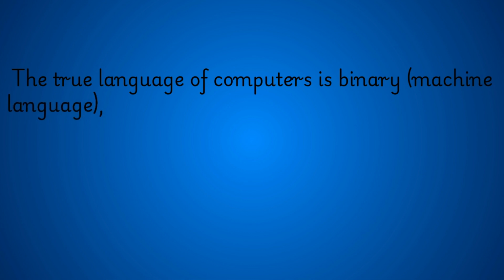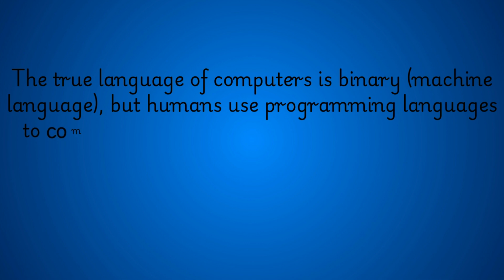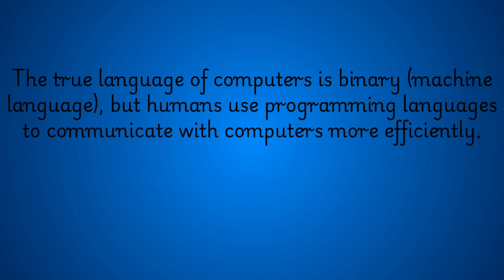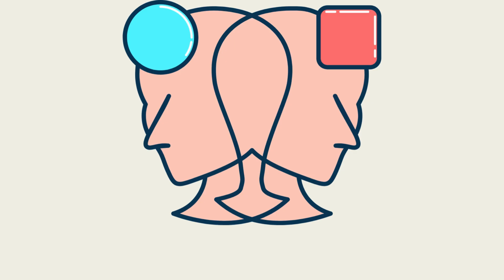As a result, the computer receives these instructions and works with them. The true language of computers is binary or machine language, but humans use programming languages to communicate with computers more efficiently. So the language in which engineers communicate with the computer is called the programming language.